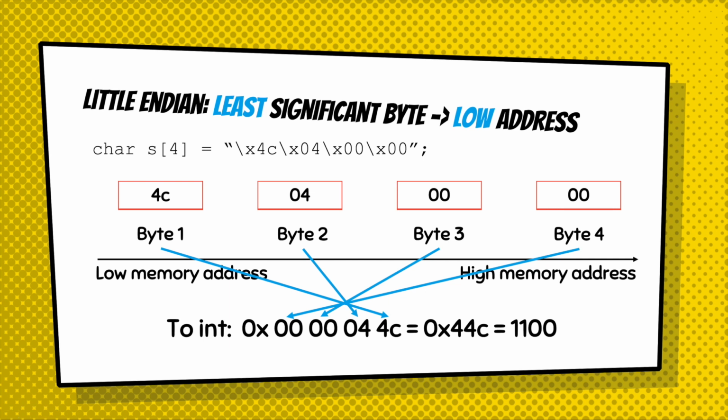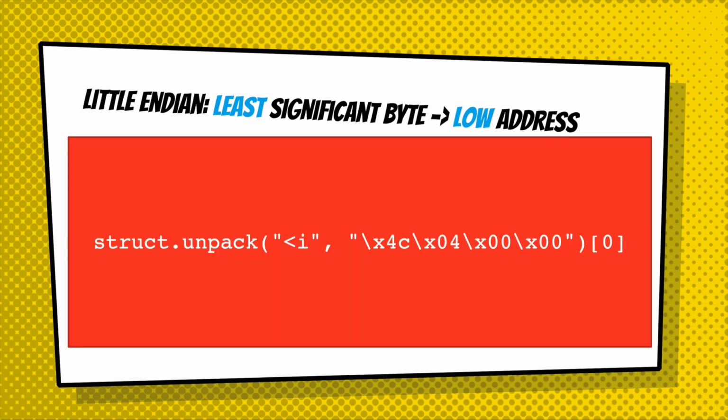If we want to convert from a byte sequence to an integer, we can use another function, also in package struct, called unpack. Function unpack takes two arguments. The first argument is a format string, similar to pack. The less-than symbol means little endian, and I means integer.